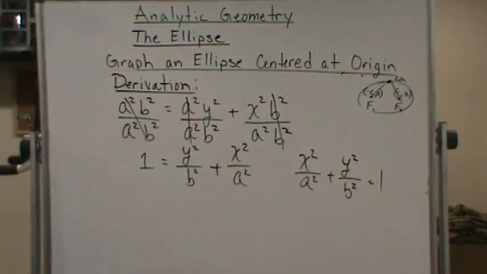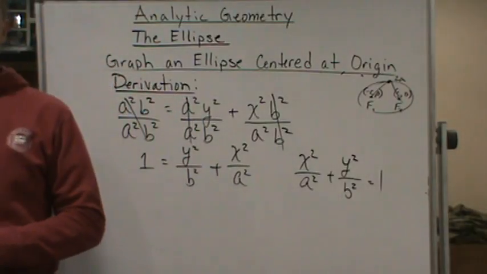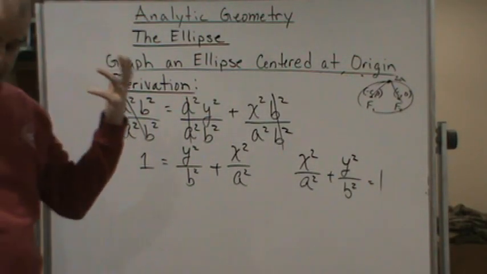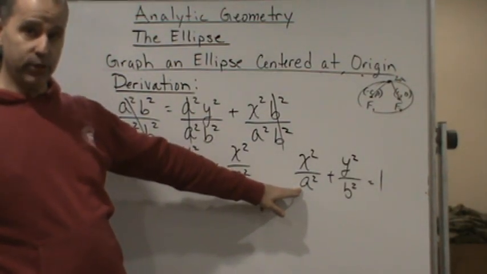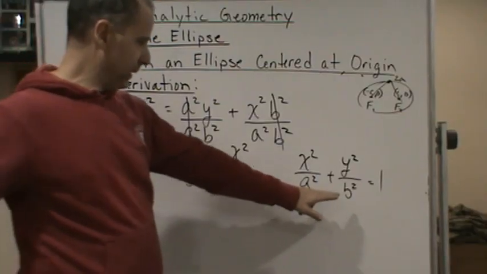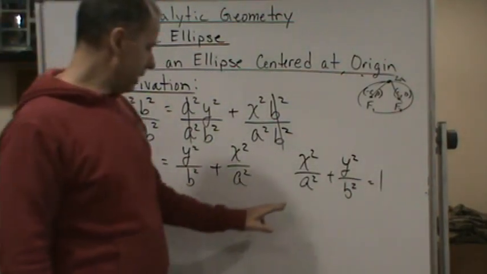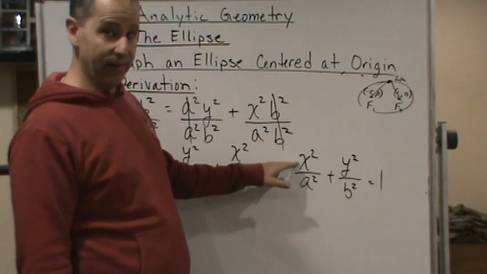Okay? So now notice a is the length of half of the major axis. We call that the length of the semi-major axis. b is the length of the semi-minor axis. Notice how a is always under the major axis.